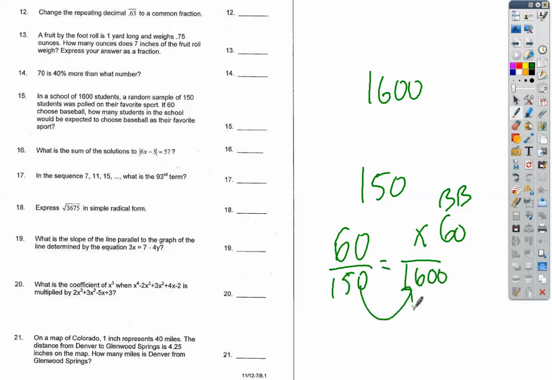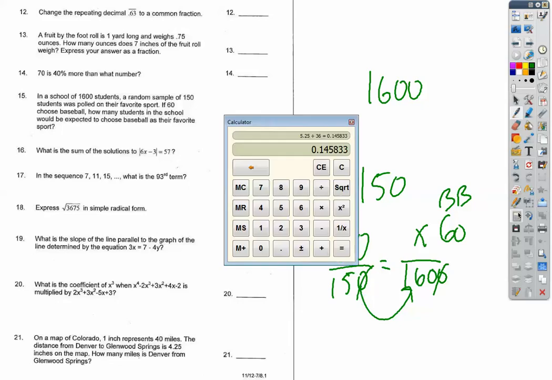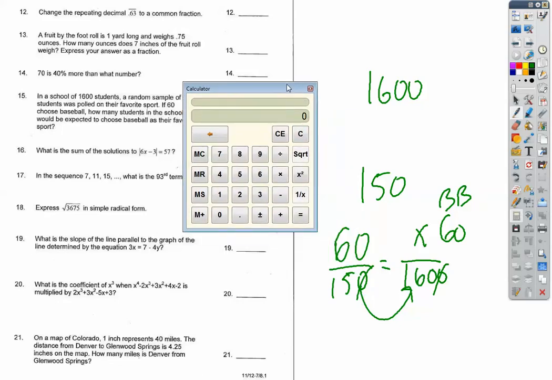So what's the scale factor? So I drop that off, drop that off. How many times does 15 go into 160? Now, in the interest of time, I'm just going to go 160 divided by 15. Oh, that's not what I'm hoping to see.